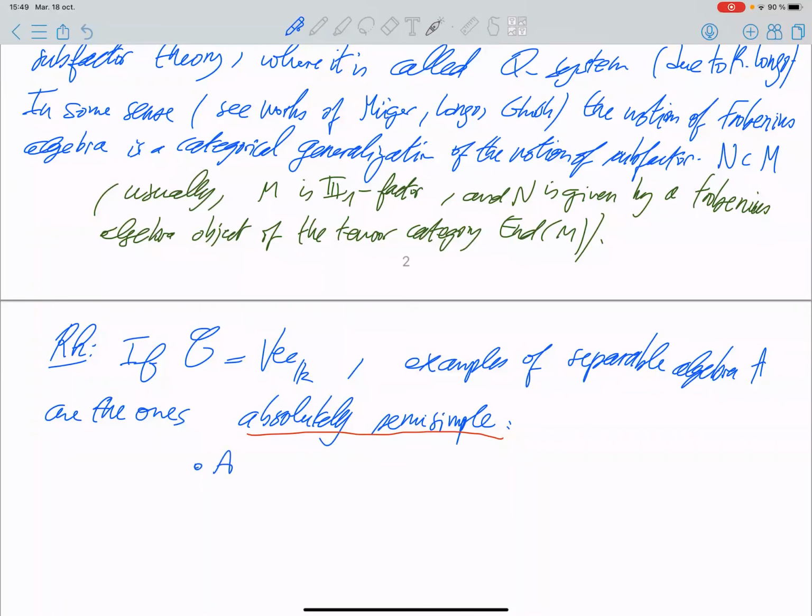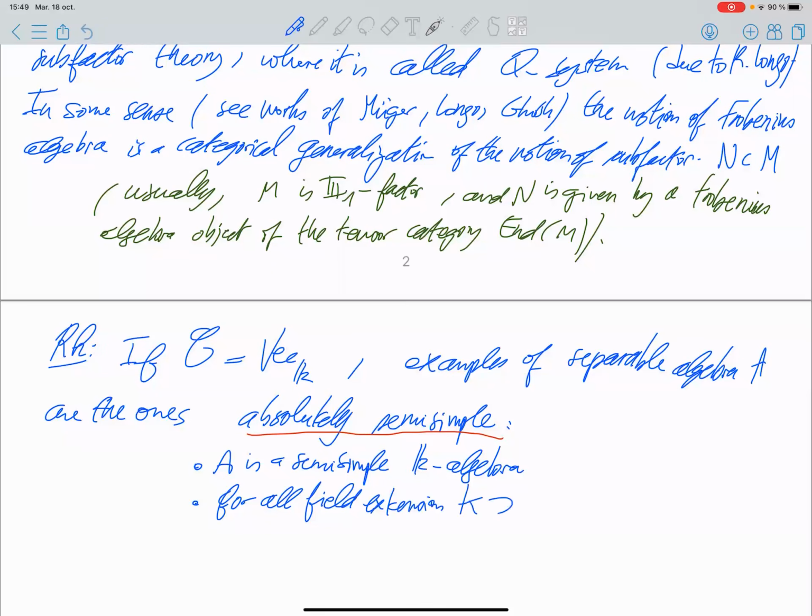So A is a semi-simple K-algebra, and for all field extensions of K, this extension of A is still semi-simple.